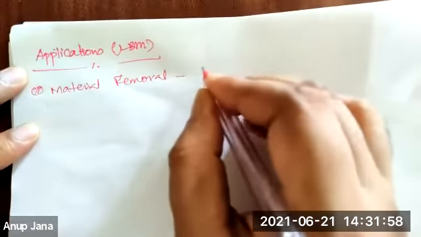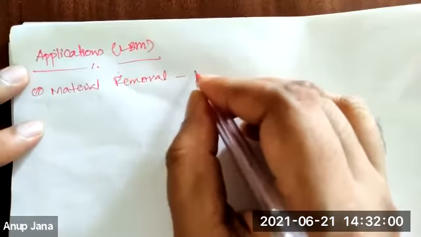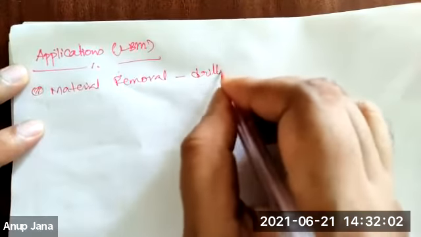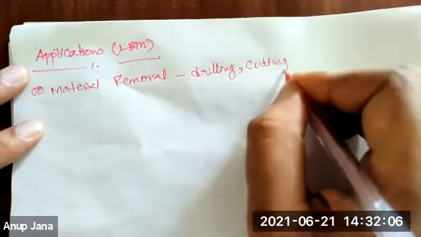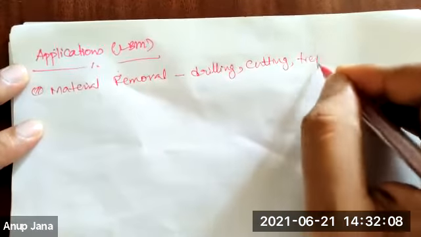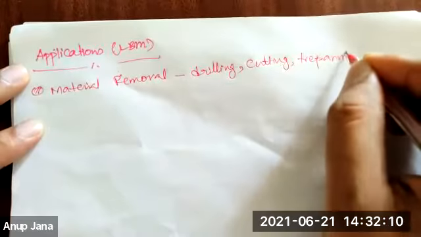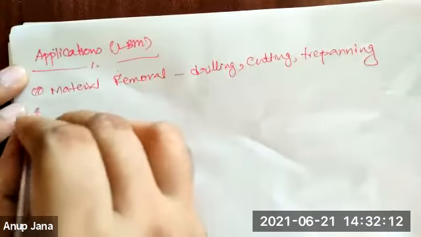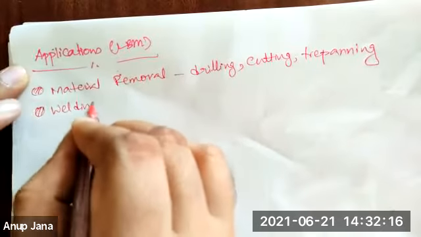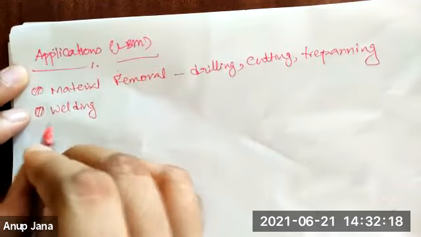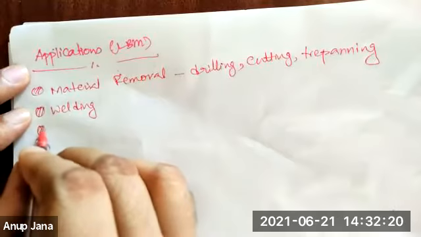Okay. So we can go with laser beam drilling, then cutting, then trepanning. Then we can go for LBW, that is laser beam welding, similar to electron beam welding.